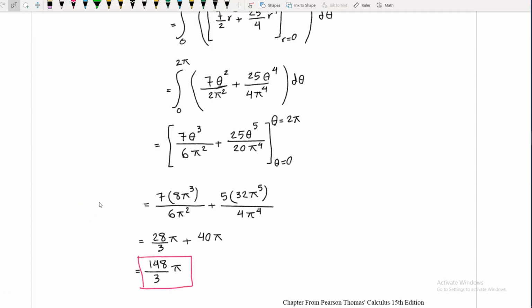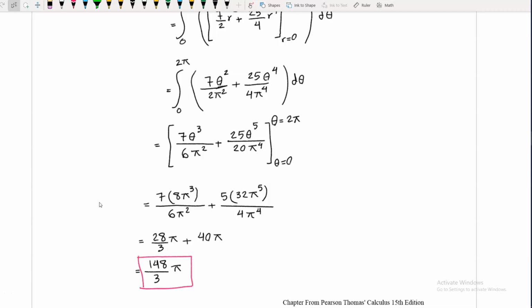So using theta equal to 2 pi, and then simplify. Here we have 8, and here is 6, so I divided by 2. Simplify, so here we have 28 over 3 pi. So it is pi cubed over pi squared, it is pi.